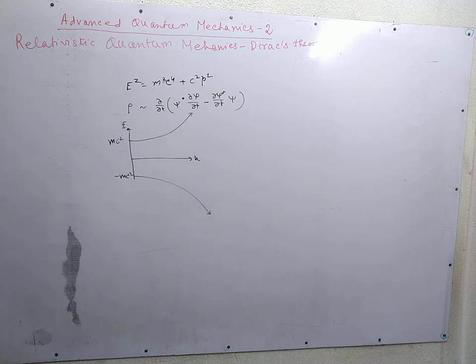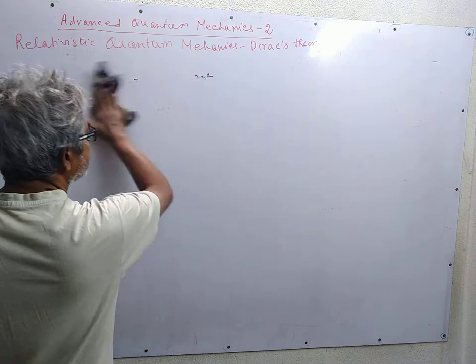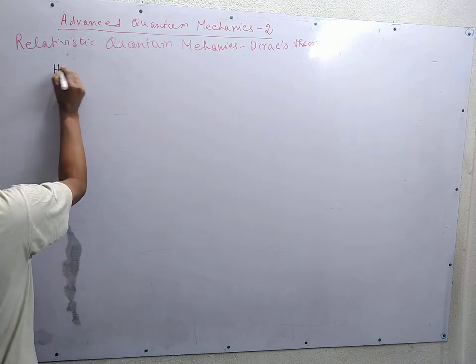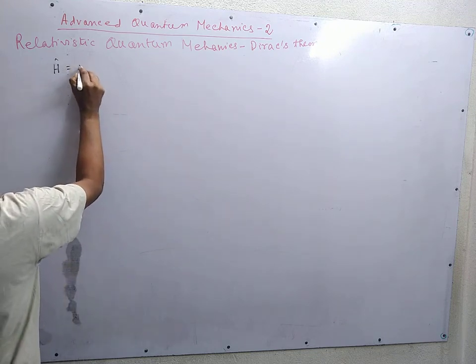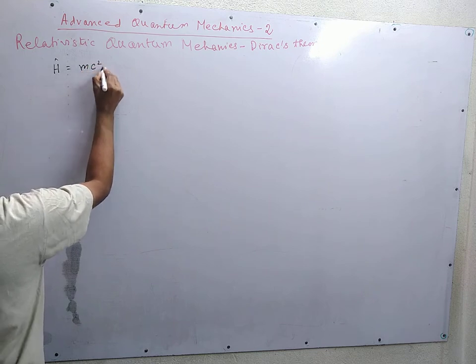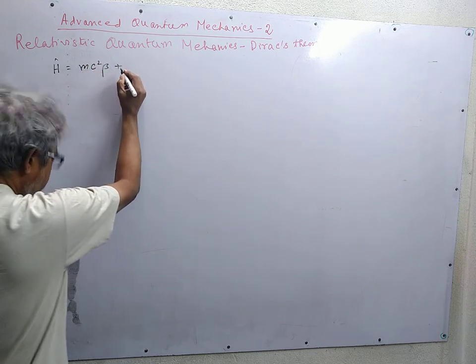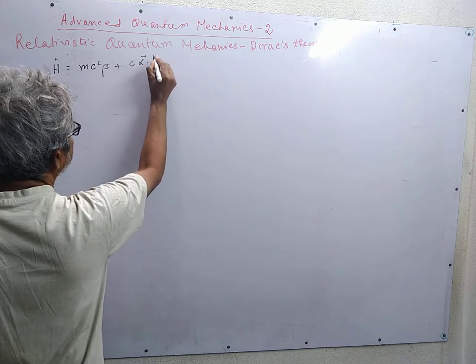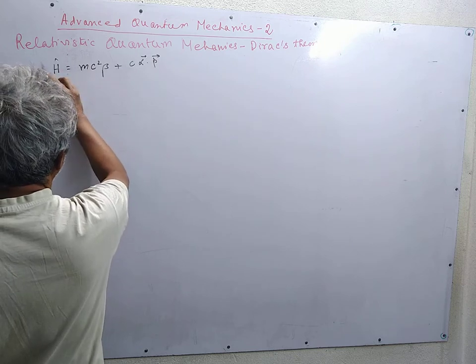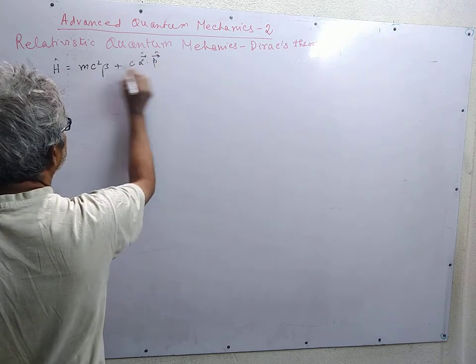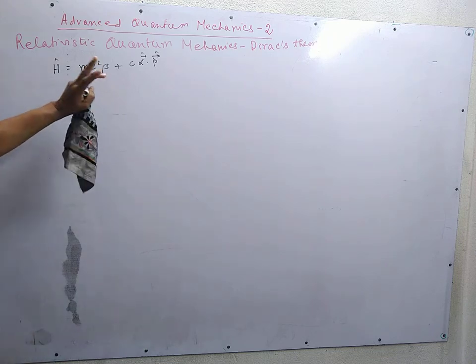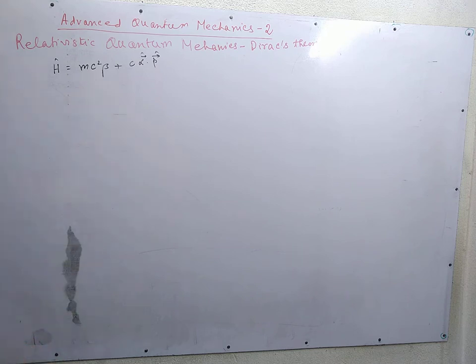As per Dirac, the Hamiltonian describing a free particle is mc square beta plus c times alpha dot p. Since they are operators, and since m c square and c are not dynamical variables, beta has to be an operator.